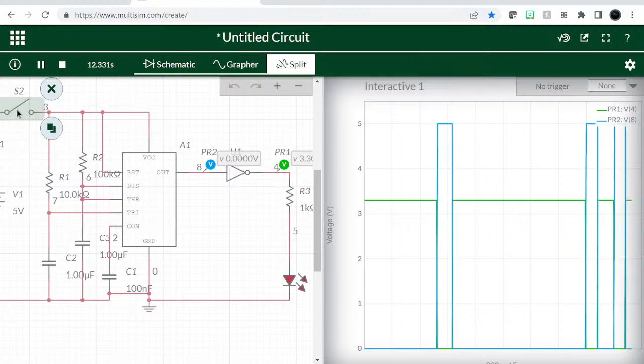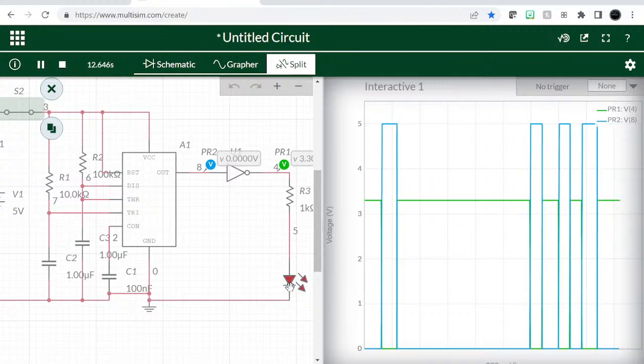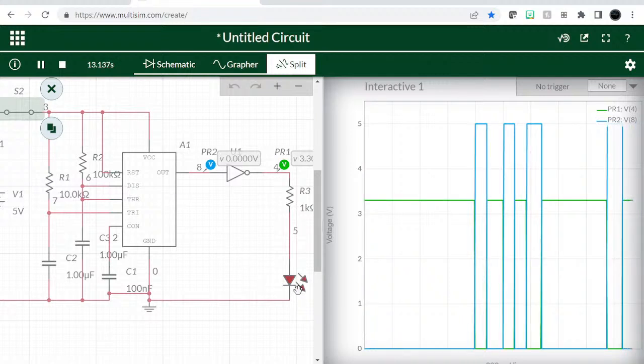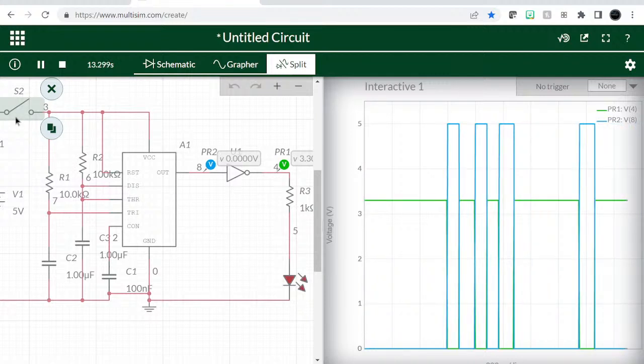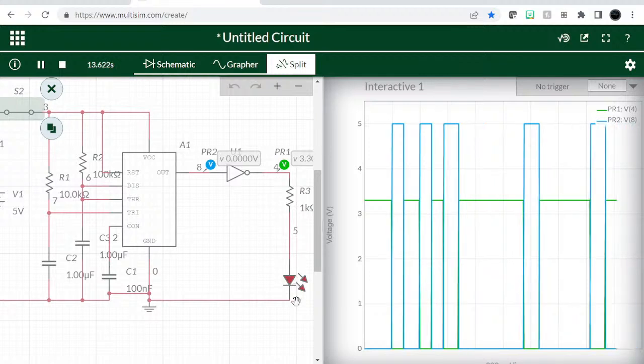But you can see whenever I turn the circuit on, the LED, sorry. So let me turn it on now. On, the LED goes off and then comes back on. Off. That's the period it does the reset.